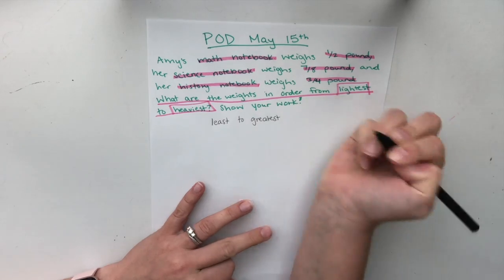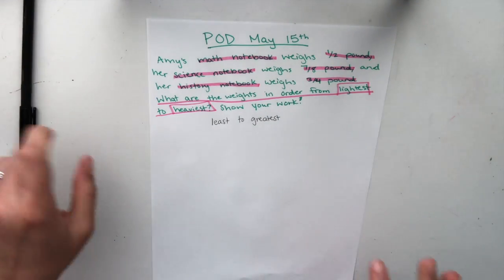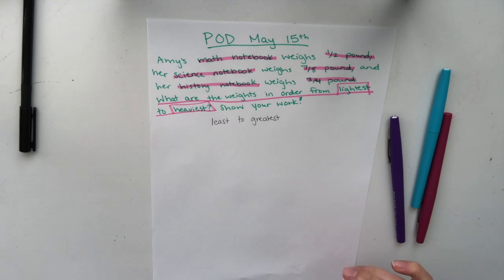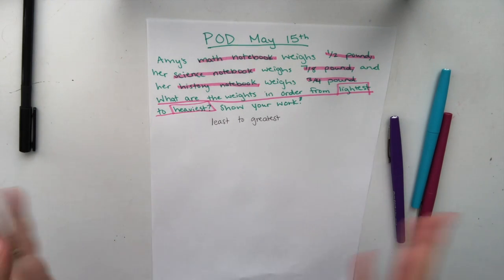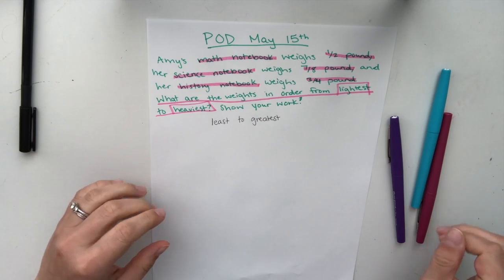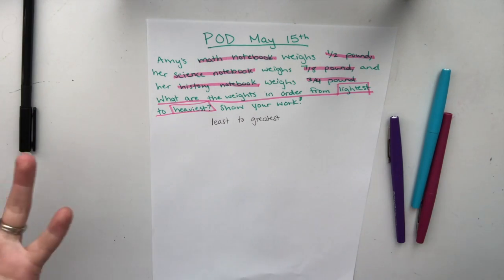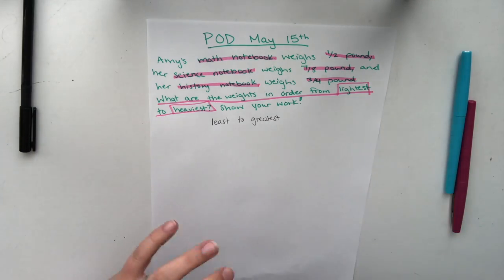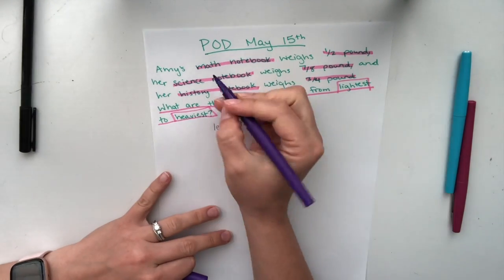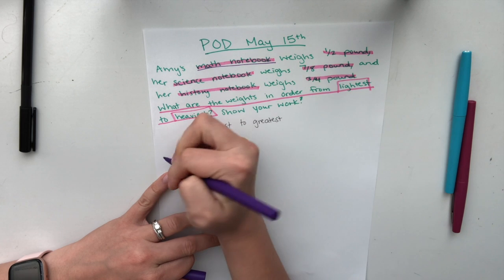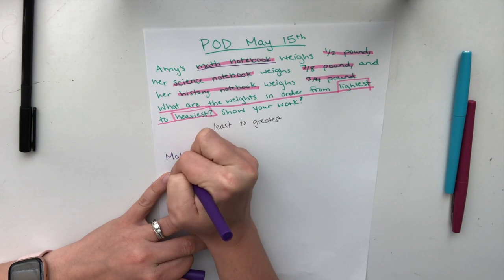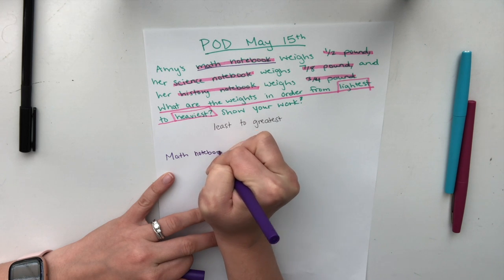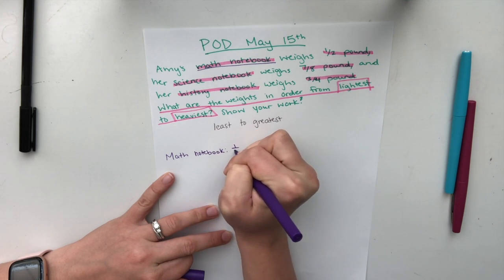All right. So now what I'm going to do is take 3 colors just to help myself out, to better put all my information down in an organized form. I am going to take my purple, and I'm going to make purple my math book. My math book is ½ pound.